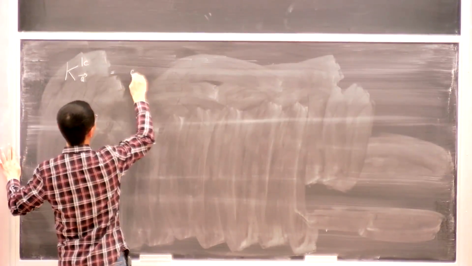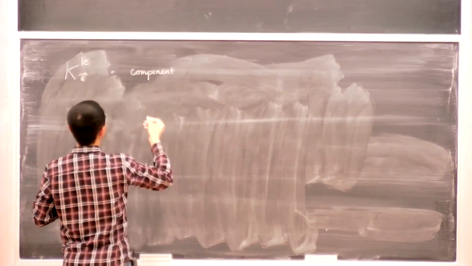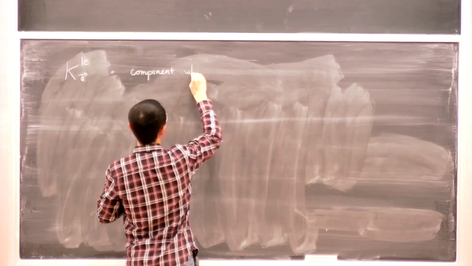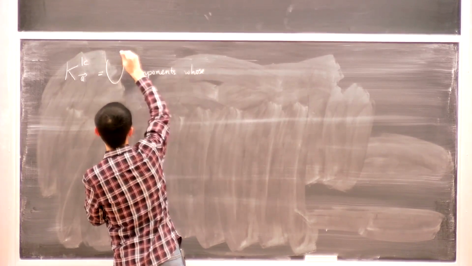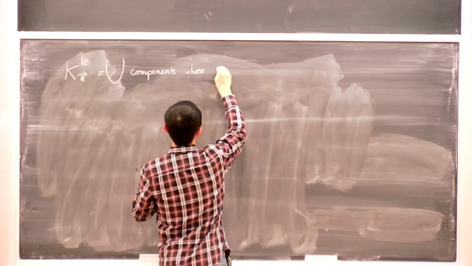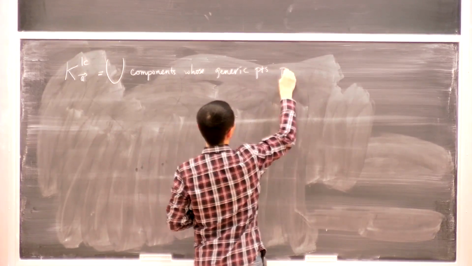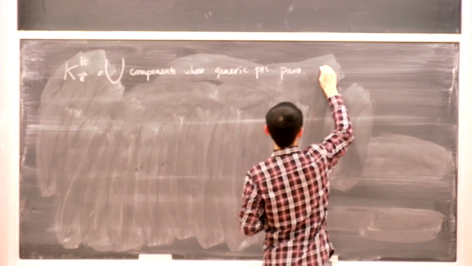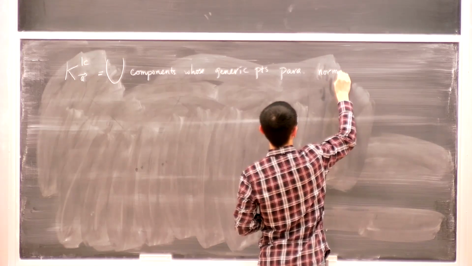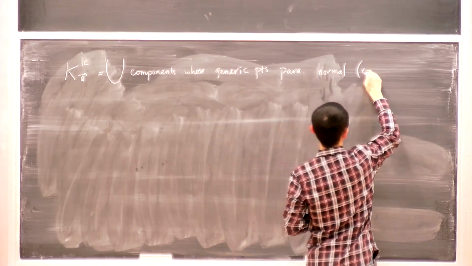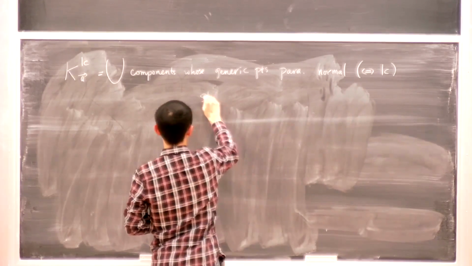So first of all, we are going to restrict to the components where the generic point is normal, or basically that means they are log canonical. So the union of components whose generic point parameterizes normal, which is the same as log canonical in this case, normal stable pairs.